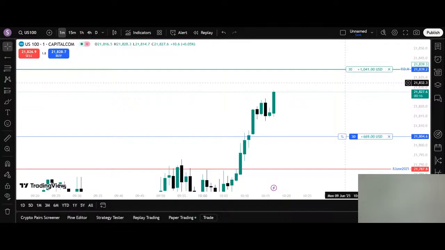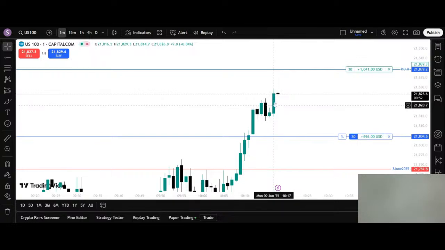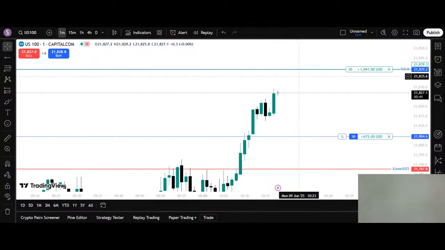Let's see how the candle closes. If it makes a bullish FVG here, that would be great. Seems like I won't get my wish, but let's see.